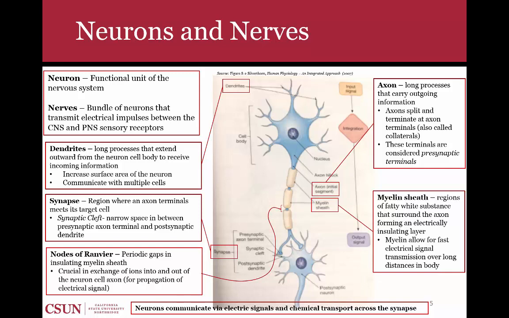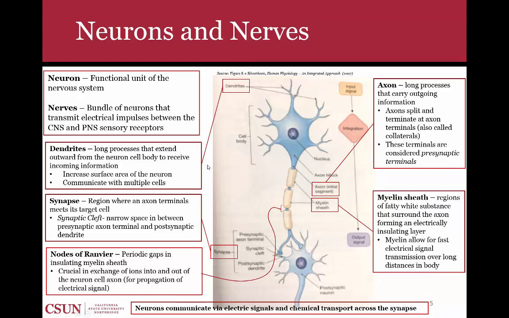But this is basically the fundamental cell for the nervous system. Nerves are just bundles of neurons. If you have a bunch of these neuronal cells connected together, and they all bundle into fibers, they will send signals from cell to cell.